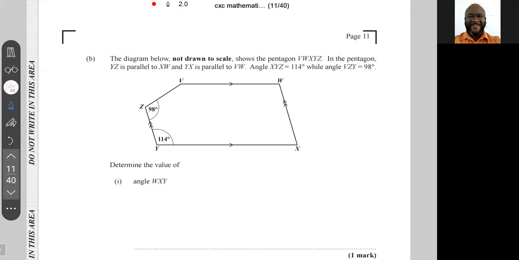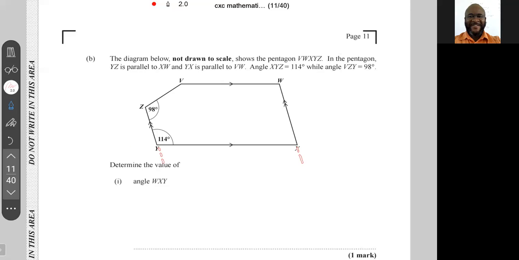The angle there is 114, and this other angle is 98 degrees. We're to calculate the value of angle WXY. All right. So this is a question from angle property.